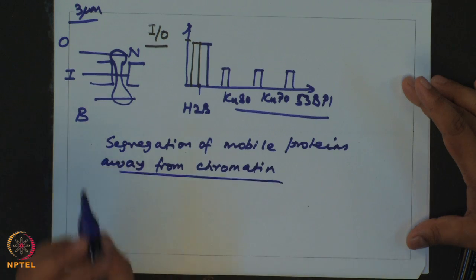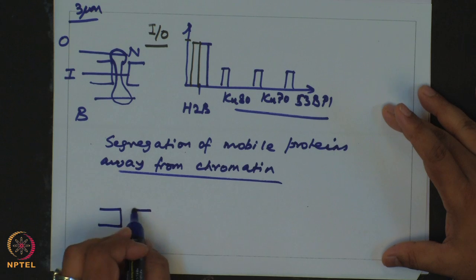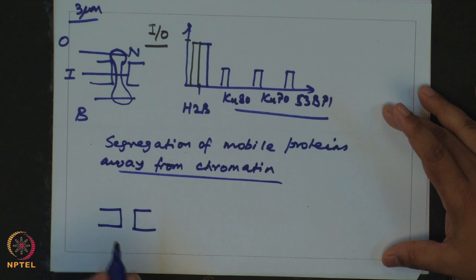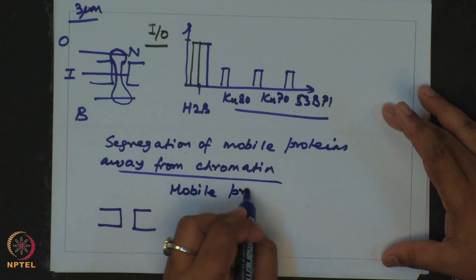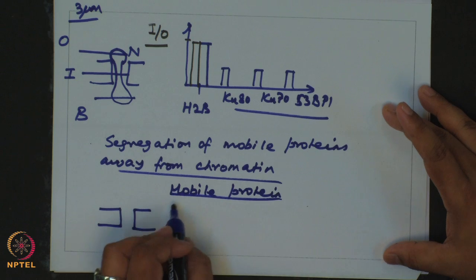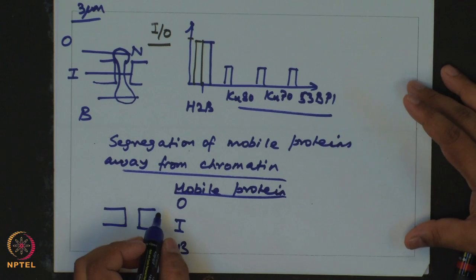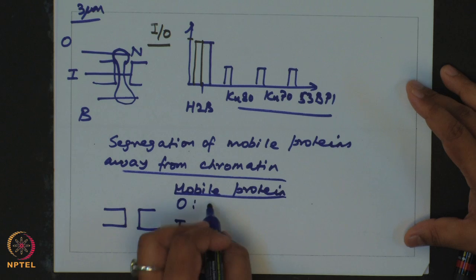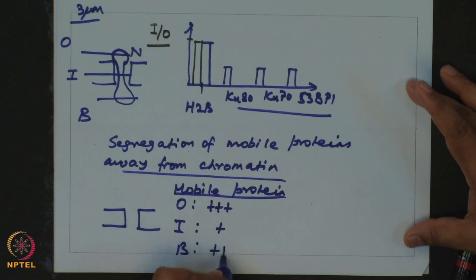Okay. So, there is a segregation. So, if I were to draw, okay, the mobile protein fraction, okay, outside, inside and bottom. Okay. In terms of intensity, what they found, if the outside is plus plus plus, the inside is plus and the bottom is plus plus.